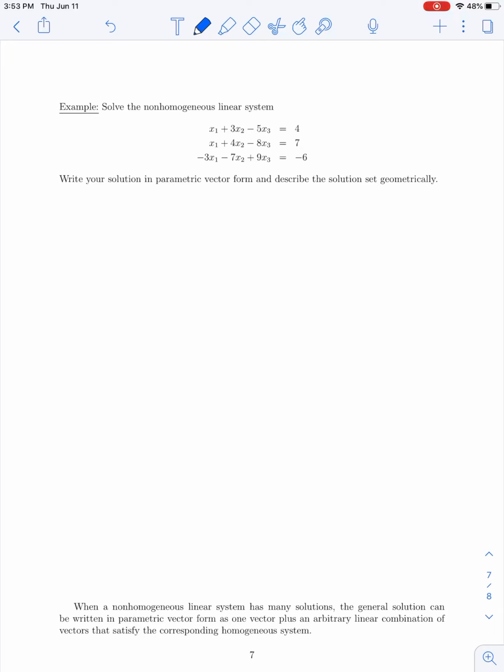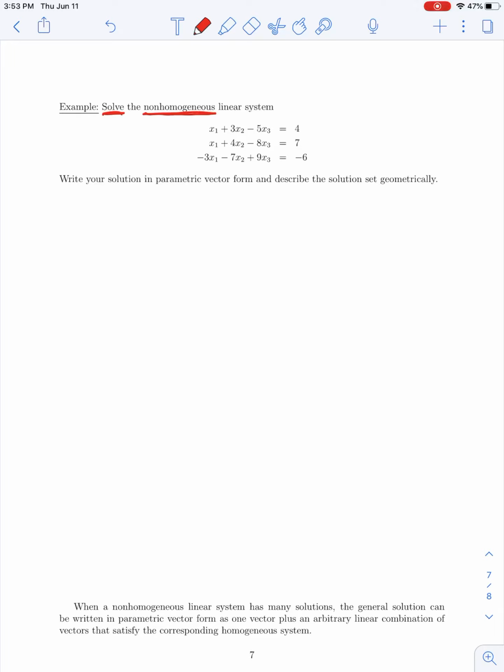So in the last part of this section, we'll consider some non-homogeneous systems, and see how the solution set might be related to the solution set of a corresponding homogeneous system. In fact, the last example that we looked at might be the solution set of a non-homogeneous system. So here, we are told to solve the non-homogeneous system.